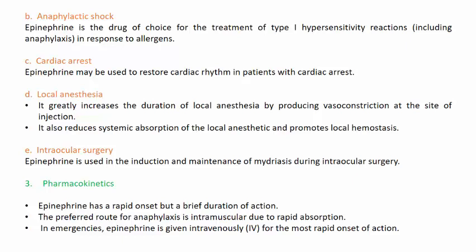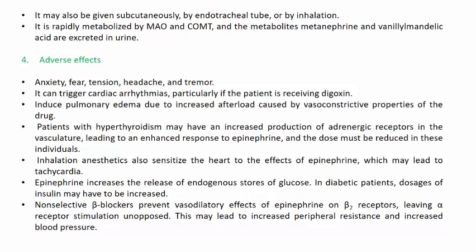As we learned previously, the IV route is used in case of emergencies because it leads to the most rapid onset of action. It may also be given subcutaneously, by endotracheal tube, or by inhalation. So these different ways of administration can be used as well.